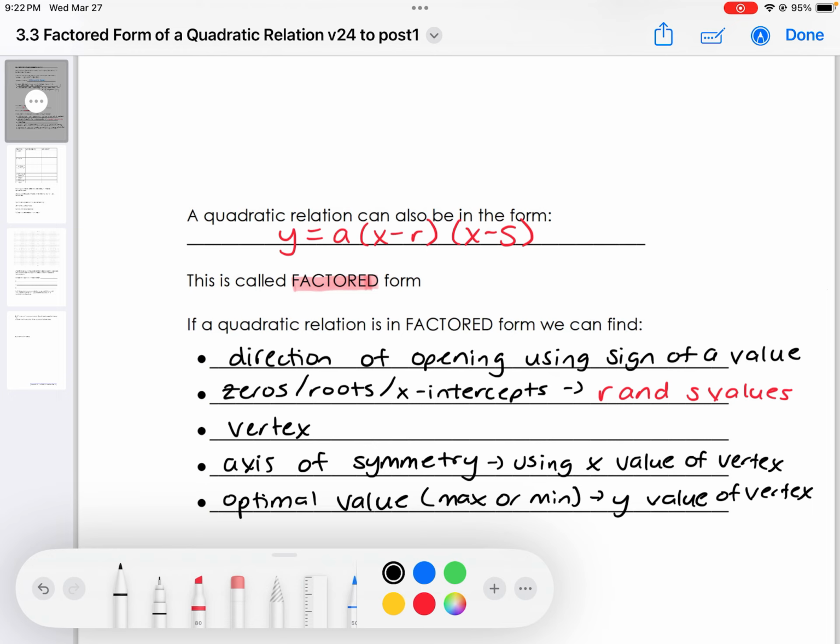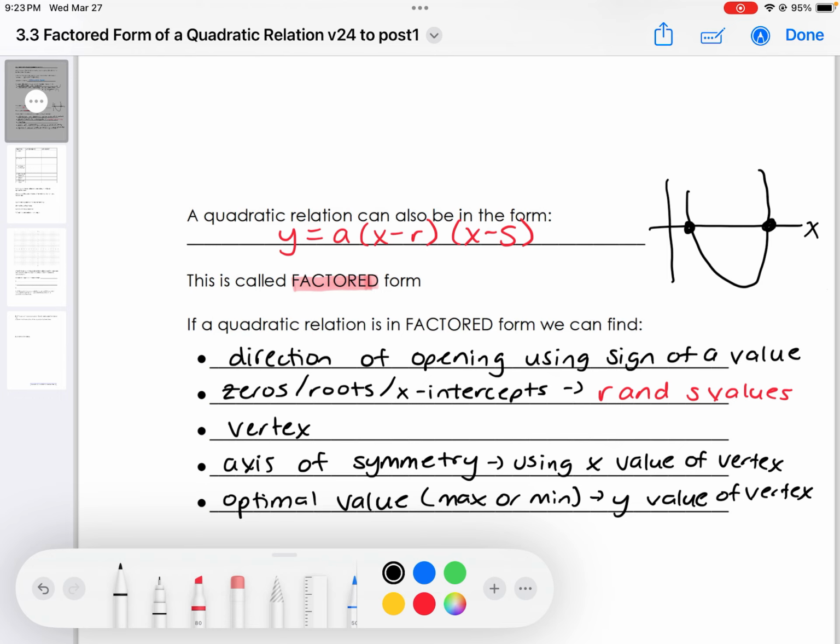So the vertex, how do we find the vertex? Well, first what we're going to do is use the r and s values. So when you have a parabola and it crosses the x-axis, I talked about this yesterday, the distance between the two x-intercepts is a line.